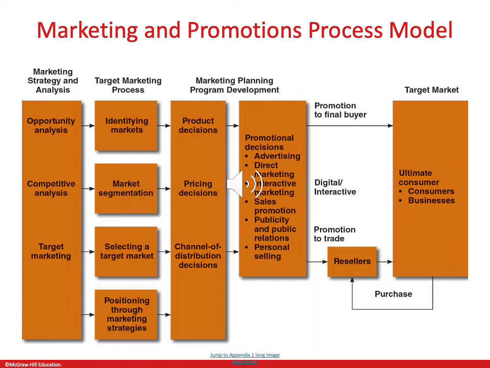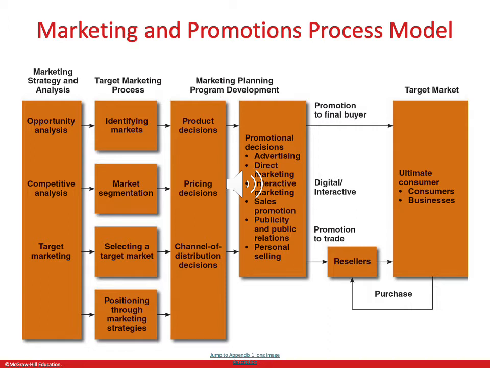So segmenting like consumers, and then kind of determining after we've done that segmentation and analyzing those segments, we kind of select the target market that is going to be, again, most motivated by what our brand's promise is. And then after we've done that, we can then get to the process of positioning through our marketing strategy. So that's kind of all the steps that make up the target market process.